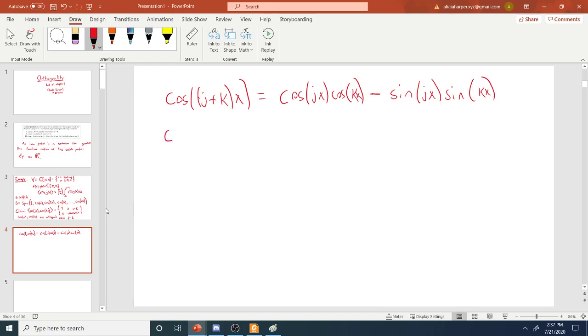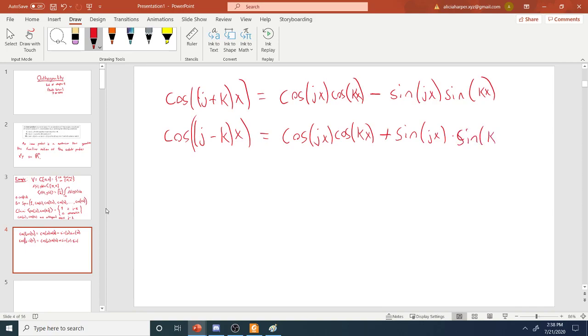Likewise, we can look at cosine of j minus k times x, and this is going to be equal to, again, cosine jx cosine kx, because I'm using the fact that cosine is an even function, but sine is an odd function, so this becomes plus sine jx times sine kx.